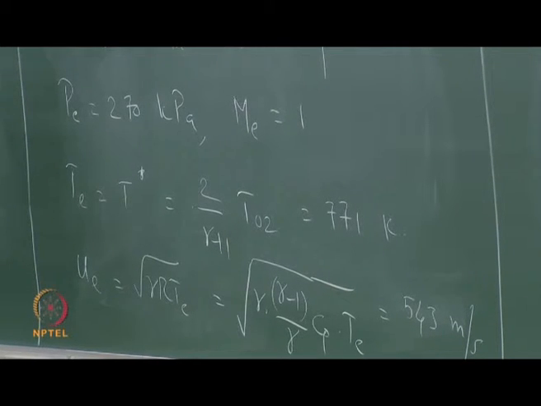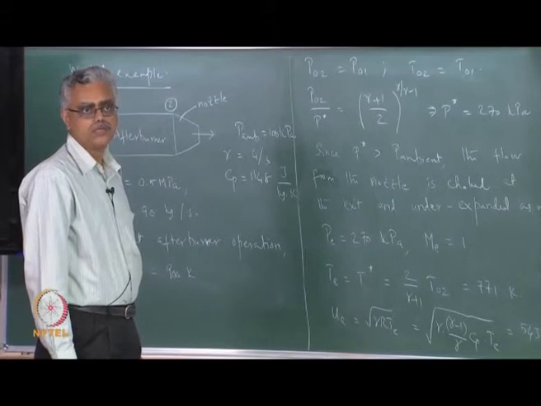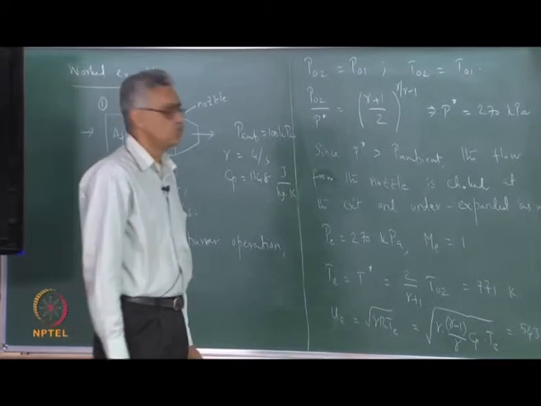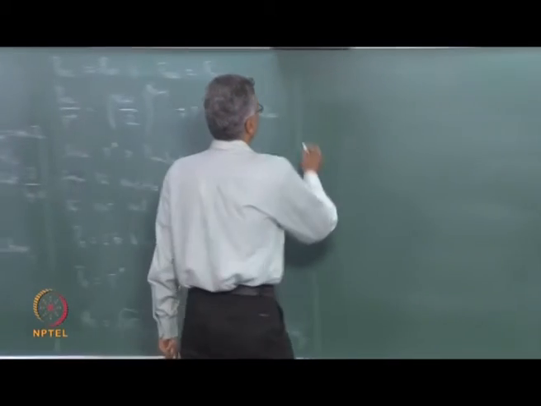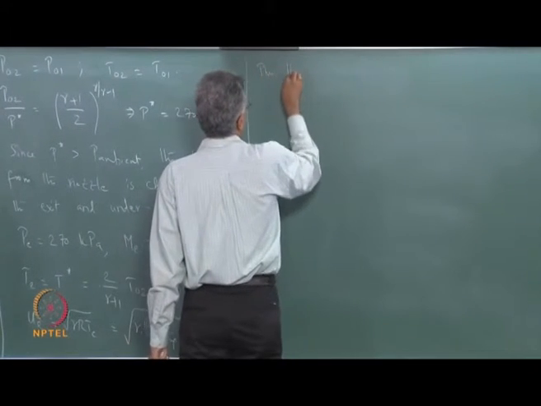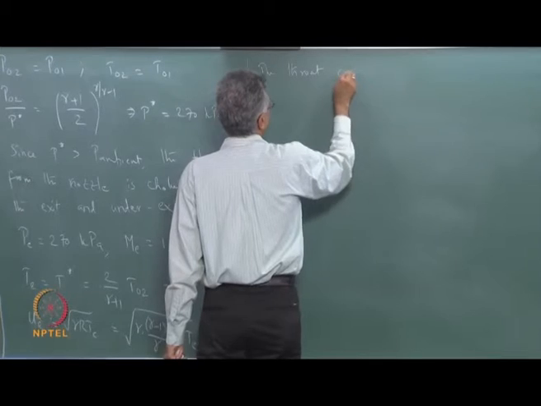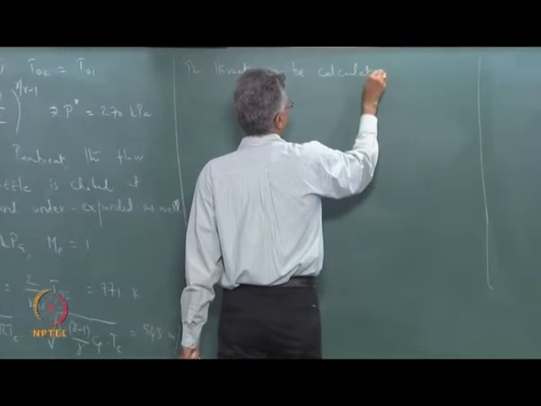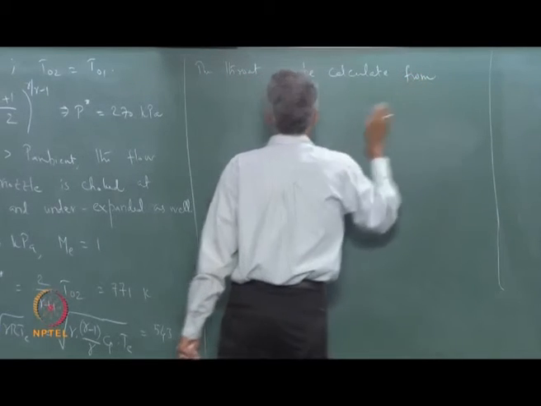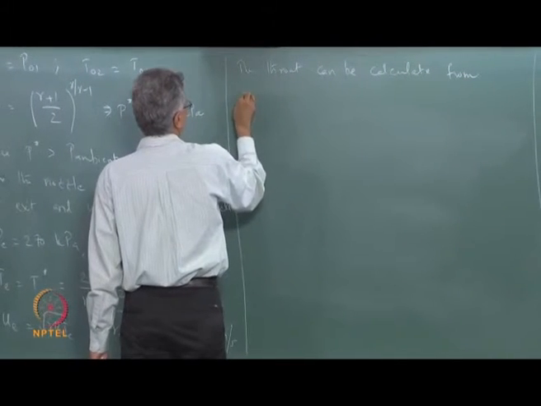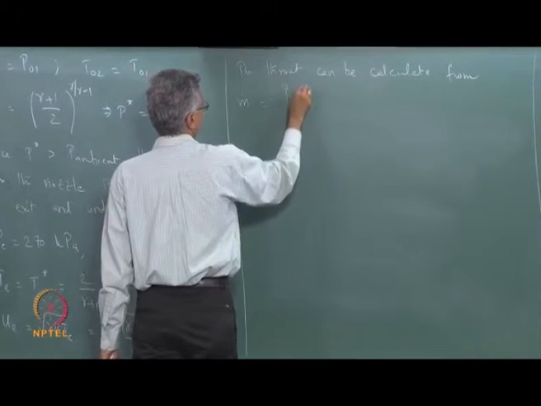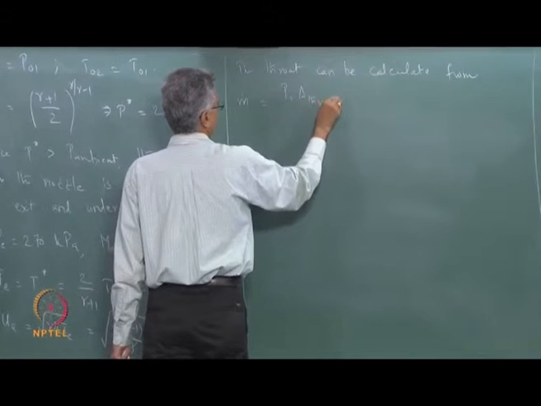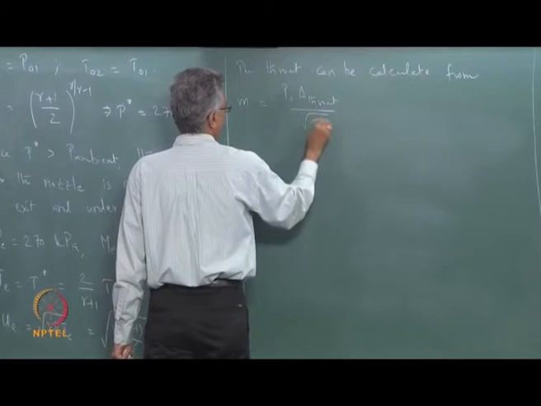The nozzle is choked and the mass flow rate is given to be 90 kg per second. So, I can use the expression for choked mass flow in a nozzle, and the throat area can be calculated from our usual formula, m dot equal to P0 A throat divided by square root of T naught.